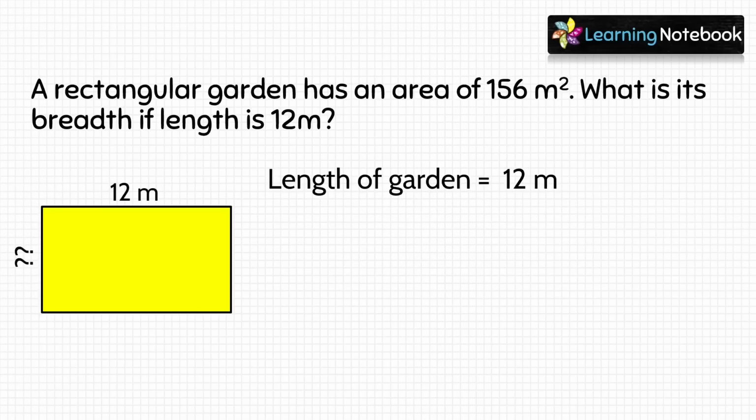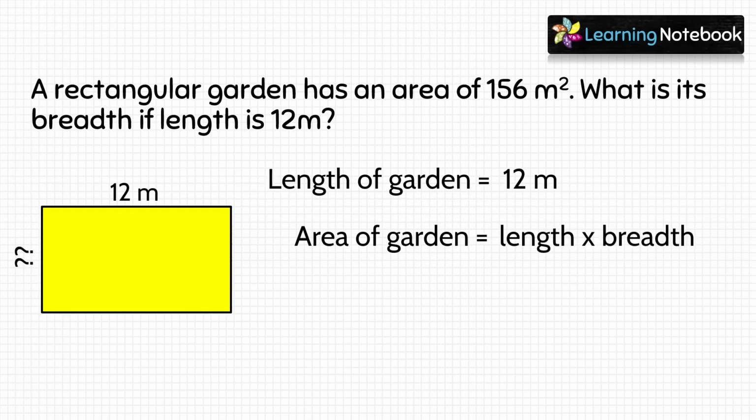Now we know area of a rectangle is length into breadth. So let's put the values here. Area of garden is given as 156 and length is given as 12. So we get 156 square meters equals 12 meters into breadth.